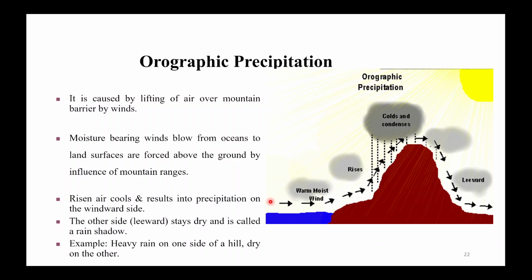This warm air will rise and rise, because warm air is always lighter, cool air is denser. Warm air has a tendency to rise above. The wind also comes into the picture here.